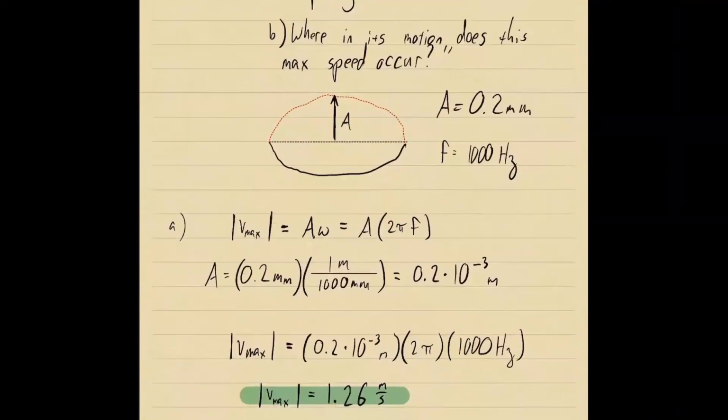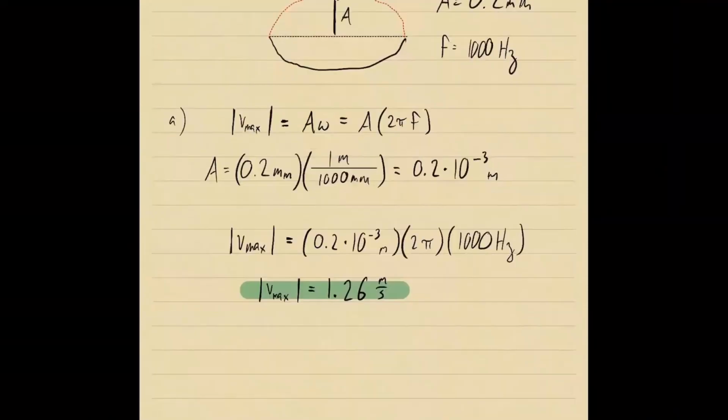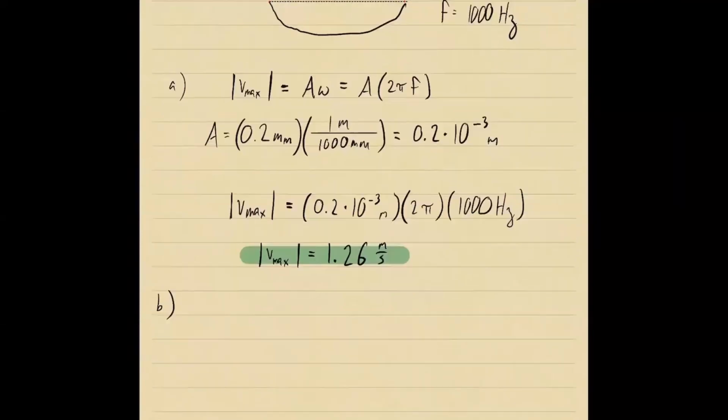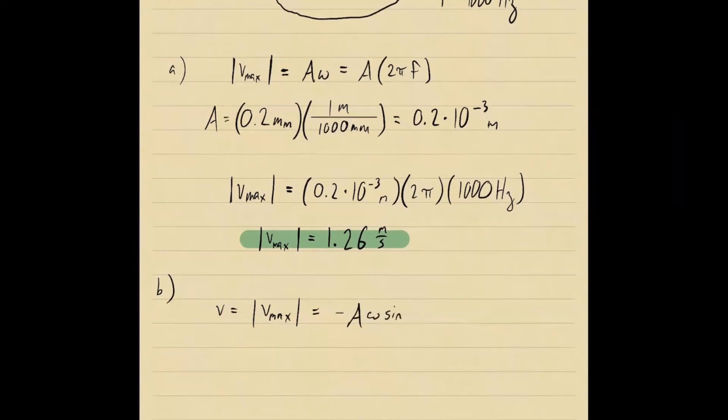So part B is asking, where in its motion does this max speed occur? If we set the velocity of this thing equal to its maximum value, the velocity is given by minus A times omega times sine of omega t.